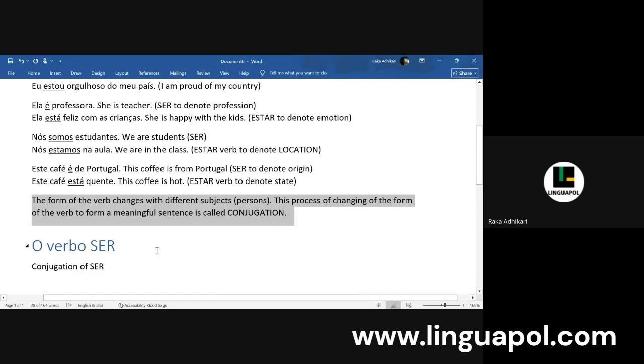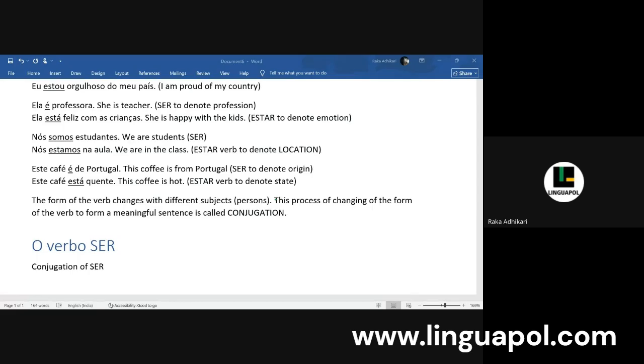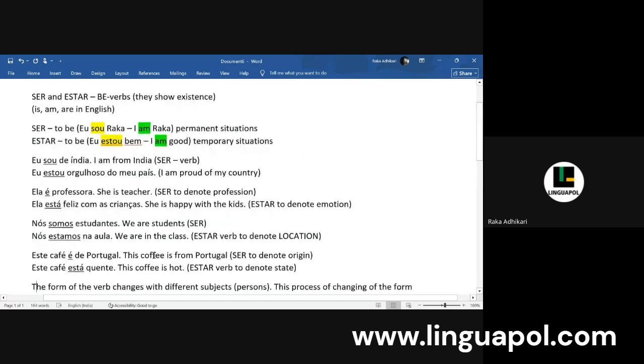Okay. Coming back to this, I was saying that the verb changes its form with different subjects. The verb is the same, but the form will change. This process of changing the form of the verb according to different persons or subjects is called conjugation. We will take up one verb at a time now.